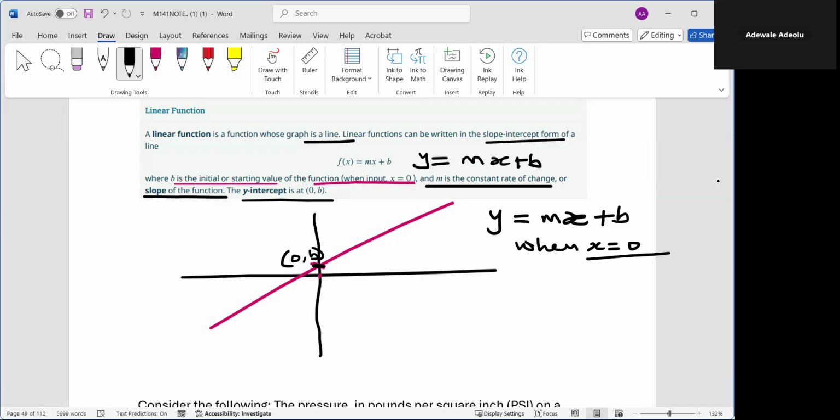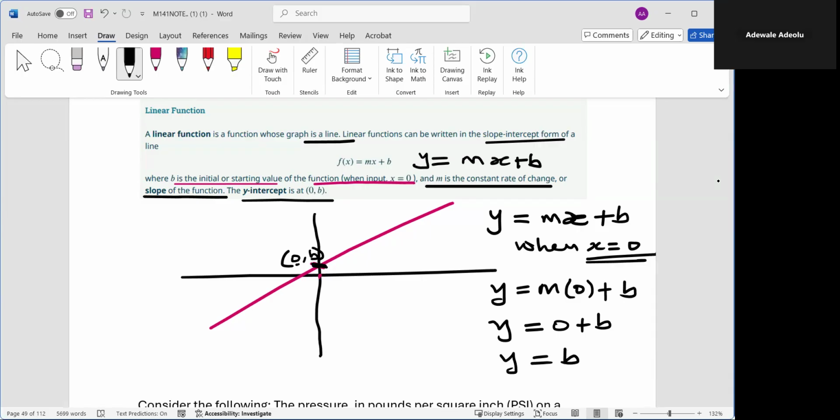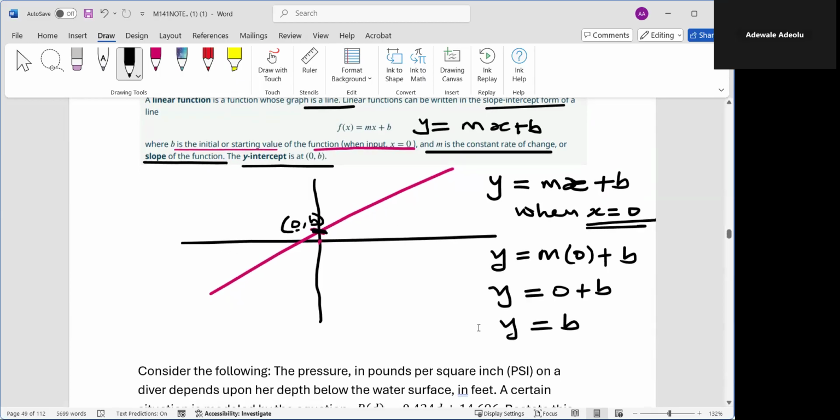That is when the input is 0. And that is y equals m times 0 plus b. Therefore, y equals 0 plus b, and y equals b. So that is why we have our y to be b here, and x is 0. And that is why we call it the y-intercept. Remember, when the input is nothing.